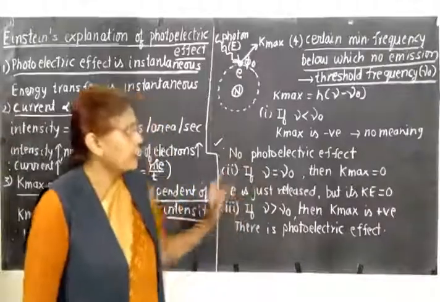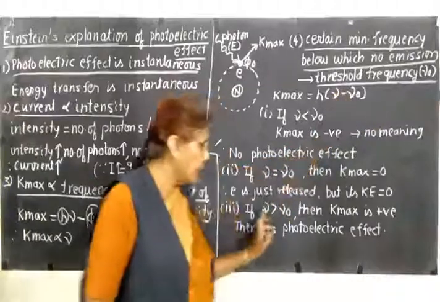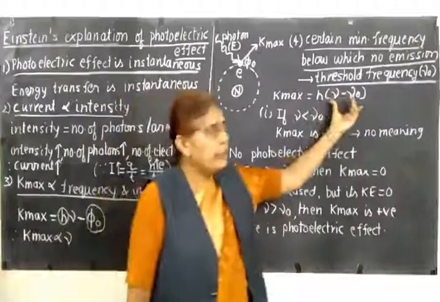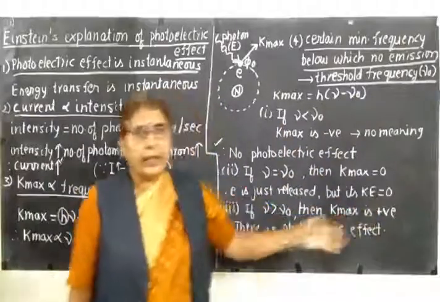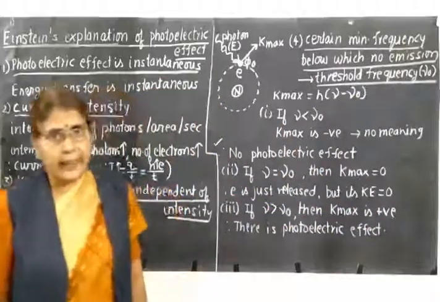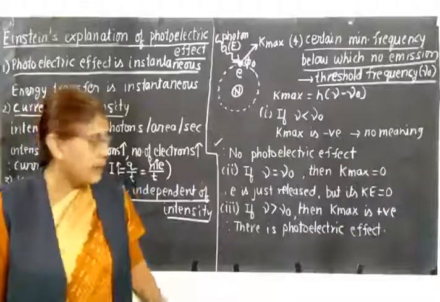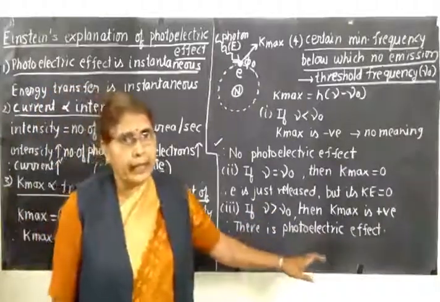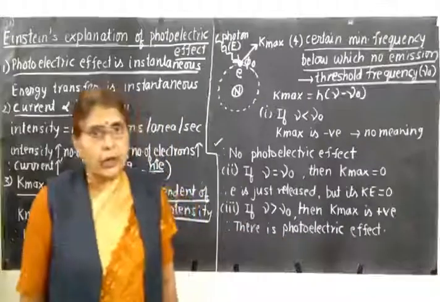Then the third case, nu is greater than nu 0. If nu is greater than nu 0, this difference will be positive. Therefore, Kmax also will be positive. That is, the maximum kinetic energy of the electron is positive. The meaning is there is a photoelectric emission. So when is photoelectric effect not possible?